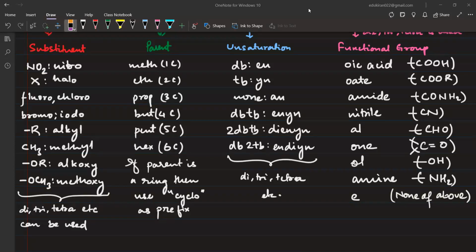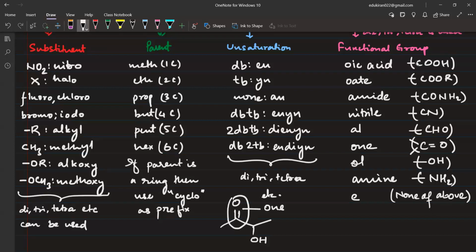ठीक है. Now substituent में please remember, now these are the substituents. These are the substituents which are not in the functional group list, right? These are the substituents which are not in the functional group list. But as you saw, if I take this example, here we have OH and here we have double bond O. Then now my functional group will become what?